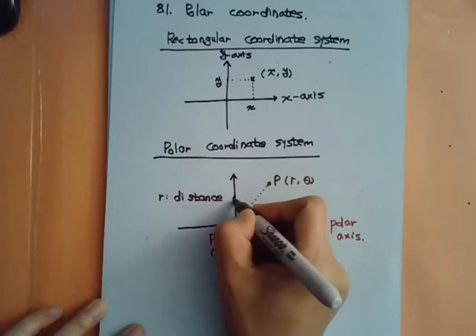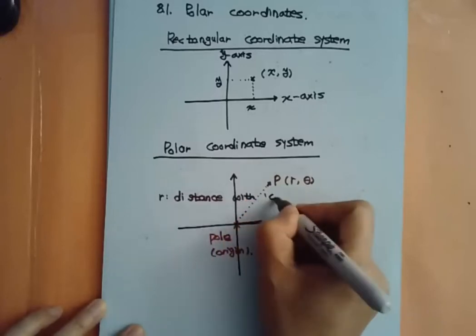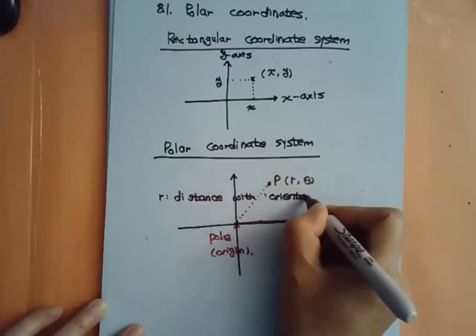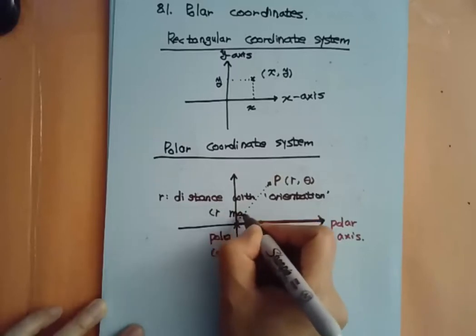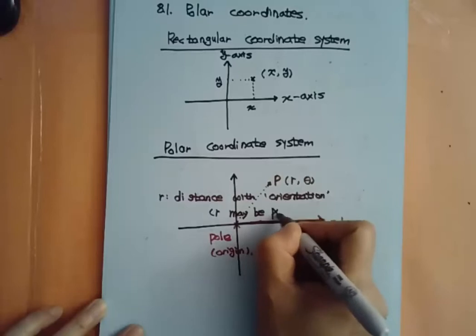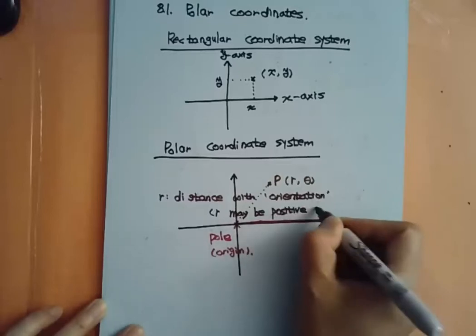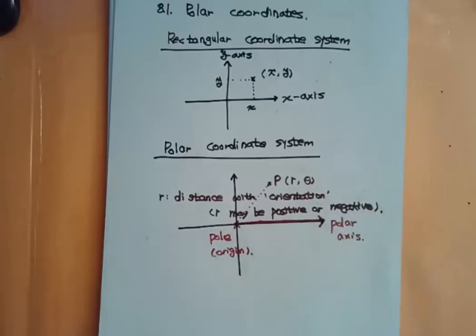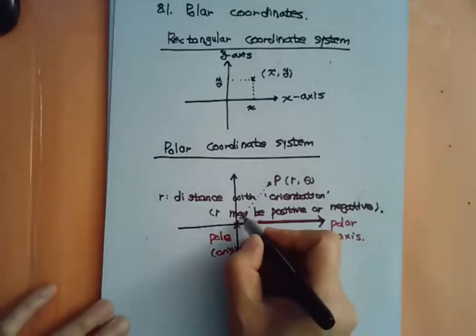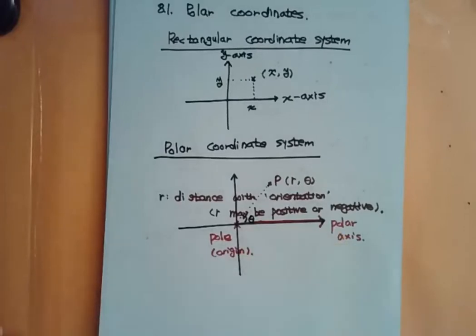So, distance with orientation, that means r may be positive or negative. And theta is the angle between the polar axis and the line segment which joins the pole and the point.